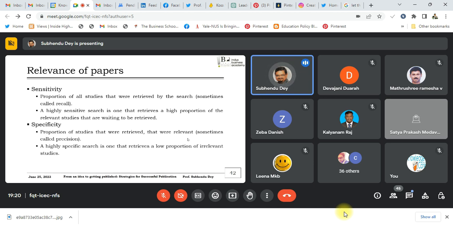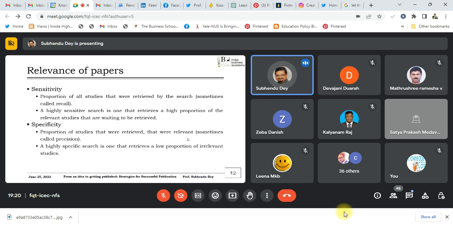Say, for example, you have clicked it and you've got 100 papers. But when you look at all those 100 papers, you find that there are about 50 papers which need to be retrieved. And you could not retrieve all those 50 papers. You could retrieve, let's say, 40 odd papers.